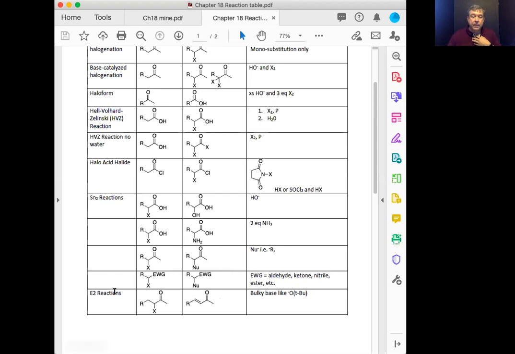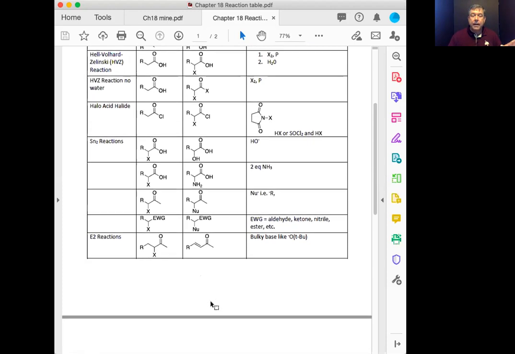Now, this last reaction here, we have an E2 reaction. We haven't done this in a while, but this is actually what we call the end step of the aldol condensation, where it loses OH. It does this reaction, it can eliminate to give us this conjugated system, this alpha beta unsaturated carbonyl compound.